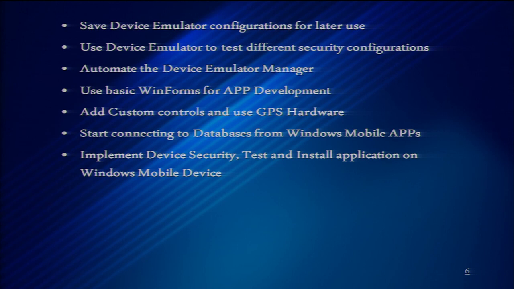Start connecting to databases from Windows mobile apps. This is a very important step, because normally mobile apps are self sufficient, they do not connect to databases; they show you a location, they show you the point where a particular consignment had reached, etc. But it is also possible for mobile apps to connect to databases, and you can replace your PC, laptop and other devices with your mobile, and you can do everything using your mobile.